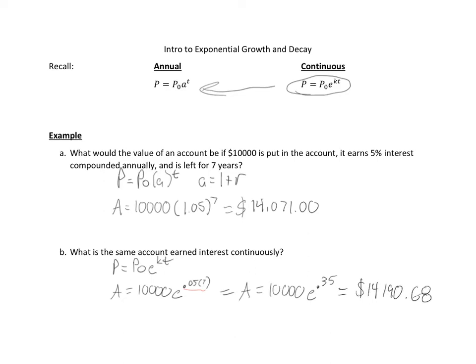And so what you should notice is that the continuous amount actually is more than the just regular annual amount. And that's because if something's growing continuously, as things are being added, your interest is naturally going to compound more.